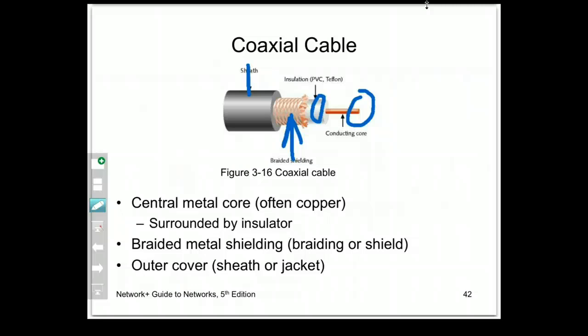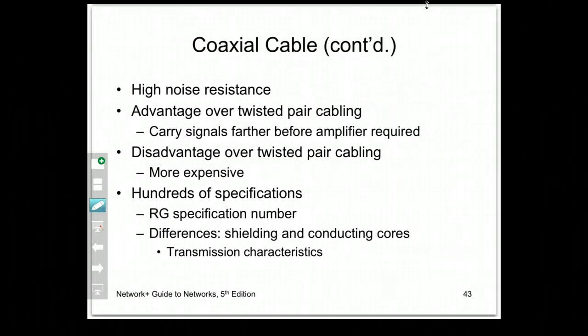It's braided metal shielding around that, and then finally the sheath over the top of the jacket that covers it. Very high noise resistance because of what we just mentioned. It's covered very much so and very tight. It's not loose at all.